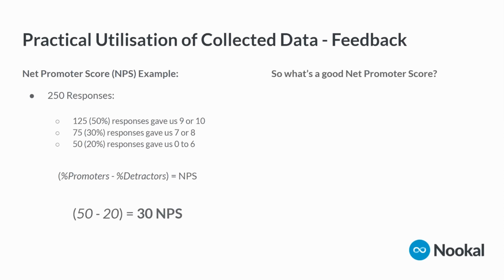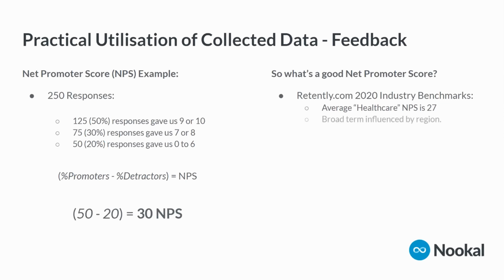This actually varies depending on your industry. Retently.com's 2020 NPS benchmarks put the healthcare industry at 27. So by those standards, our clinic is average. But healthcare is a very broad term, and that also includes regional influence with different healthcare systems.